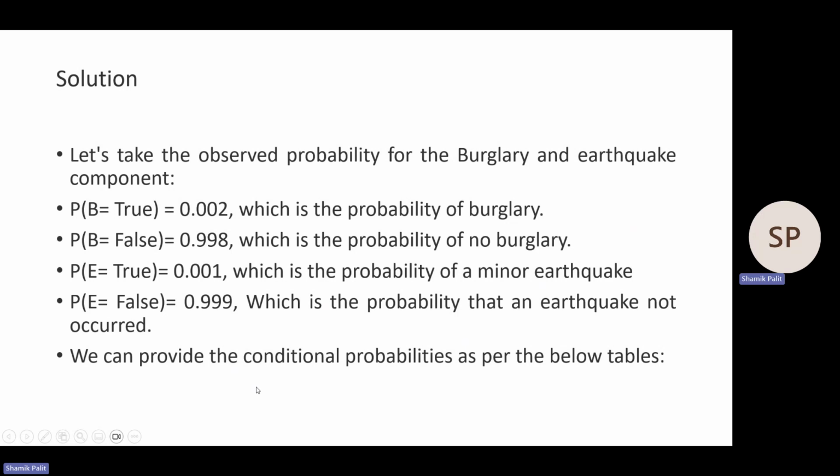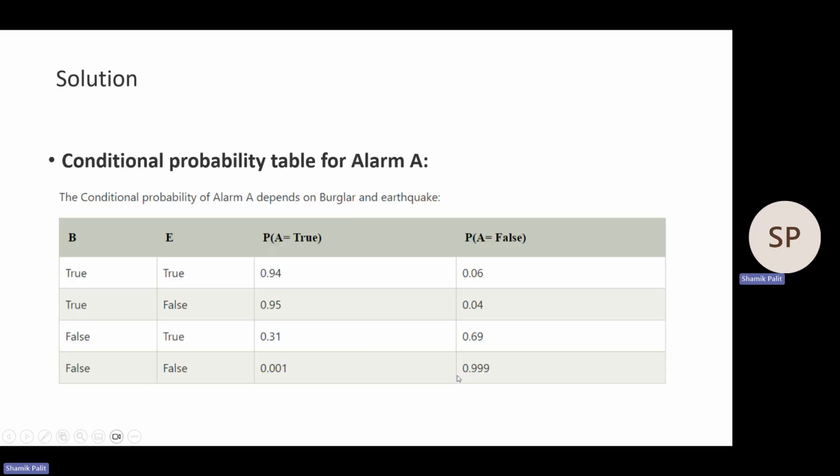And based on this computation of the probability in all possible ways for the variables which have been considered in the scenario, ultimately, we got the conditional probability table for alarm A. If you have a look at it, we will understand what exactly is the conditional probability of alarm A, which depends on burglary and the earthquake.